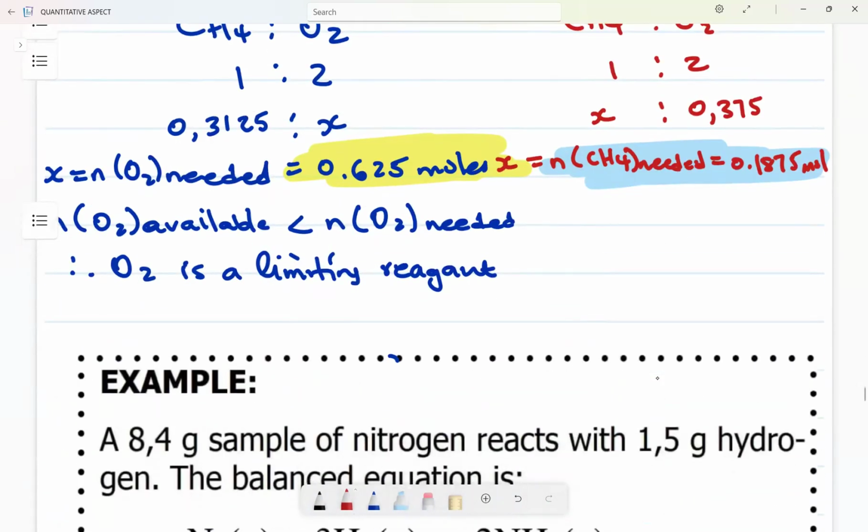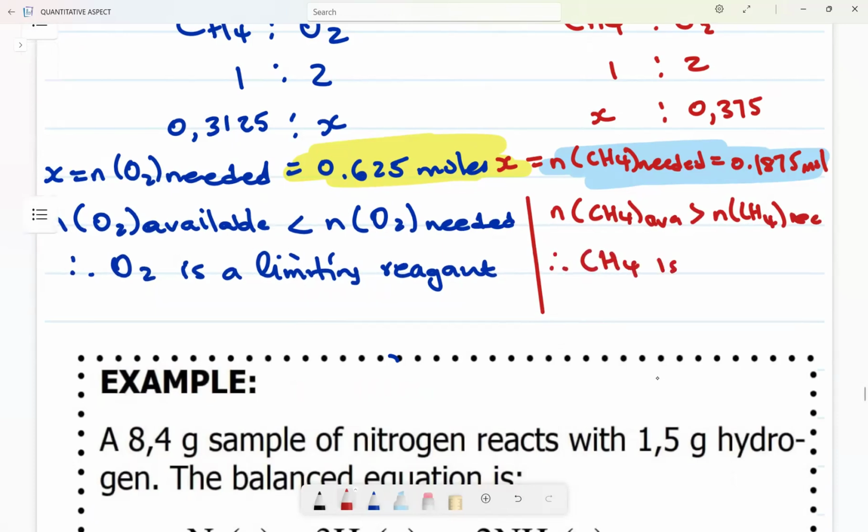So since the number of moles of CH4 that is available is greater than the number of moles of CH4 that is needed, therefore CH4 is in excess. Why is it in excess? Because not all of it will react. If I'm having 5 rand and they want only 3 rand from me, not all of my 5 rand will be used. So it means I'm having more than what they need.